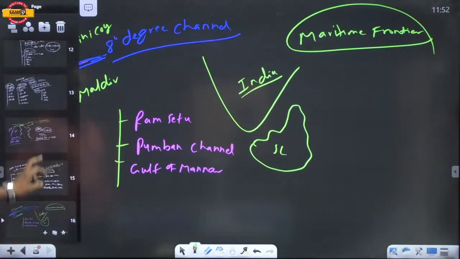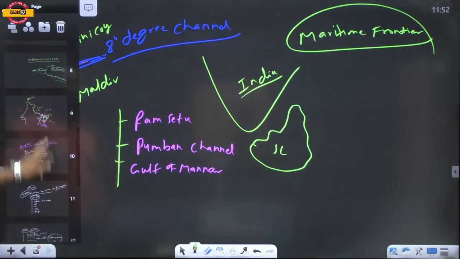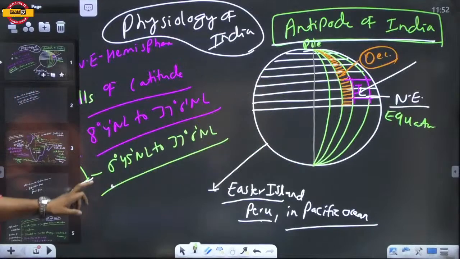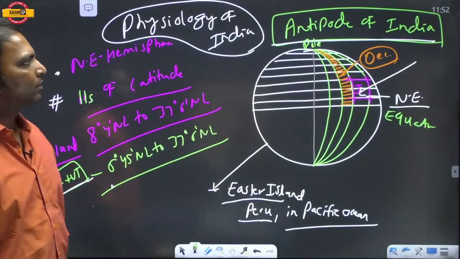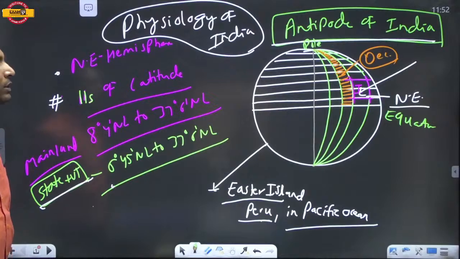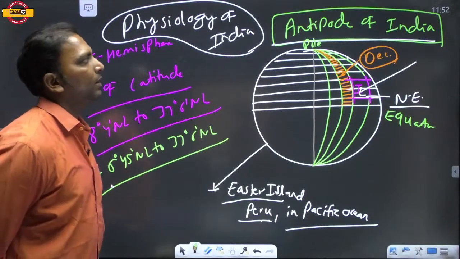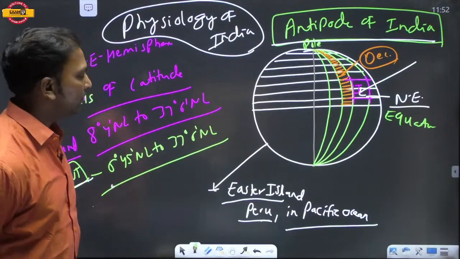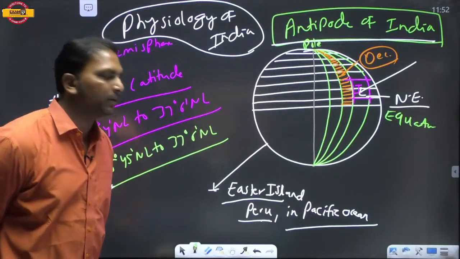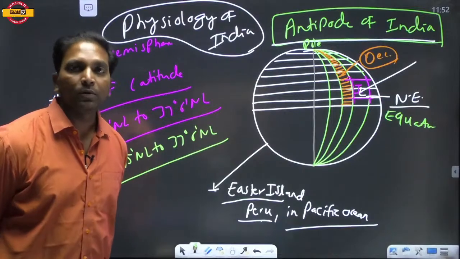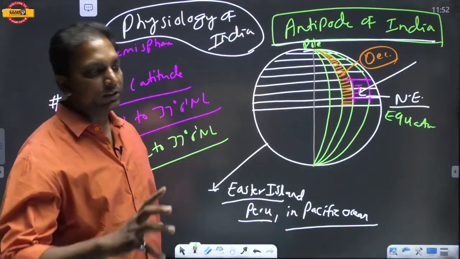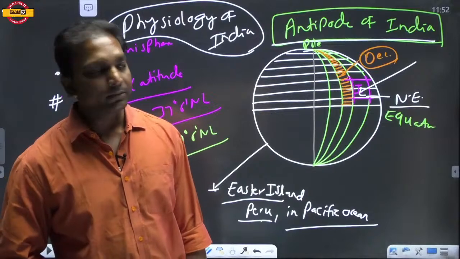So today we have discussed, once again I am recalling, first, where is India? India lies in the northeast hemisphere. And what about the antipode of India? The antipode of India would be Easter Island, Peru, in the Pacific Ocean. What is an antipode? It is the exact opposite place on the Earth's surface.